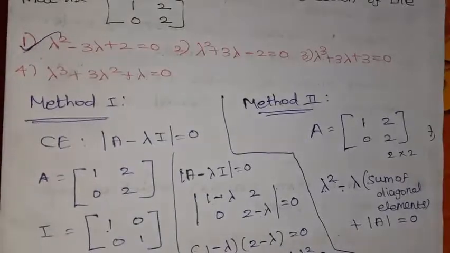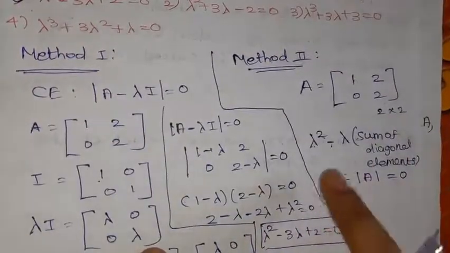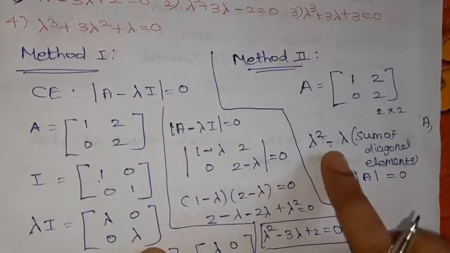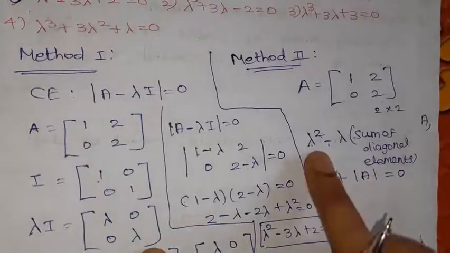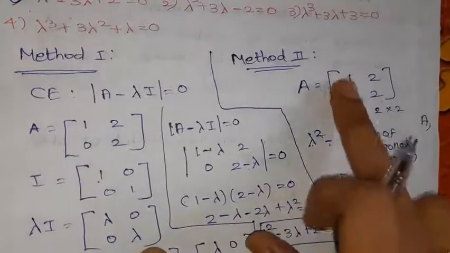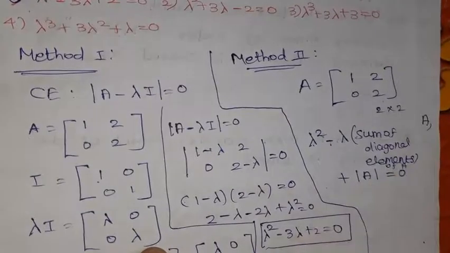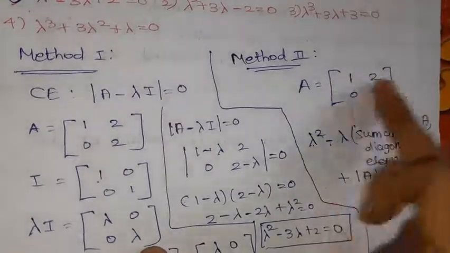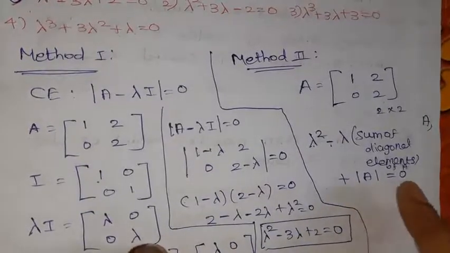For a 2 cross 2 matrix we have two roots, so the signs should alternate: plus, minus, plus. So lambda squared minus lambda into the sum of diagonal elements of the given matrix A, plus the determinant of the given matrix, equal to 0.